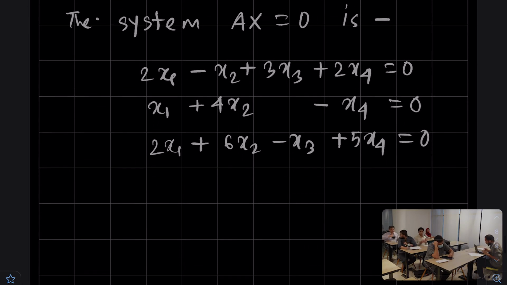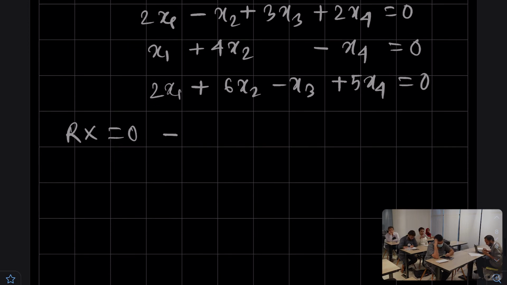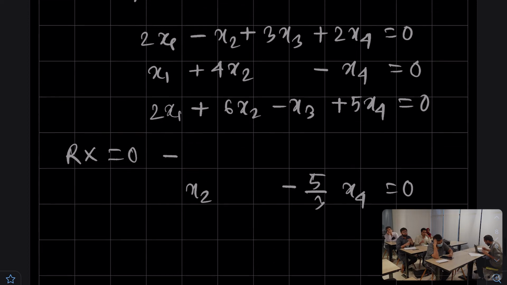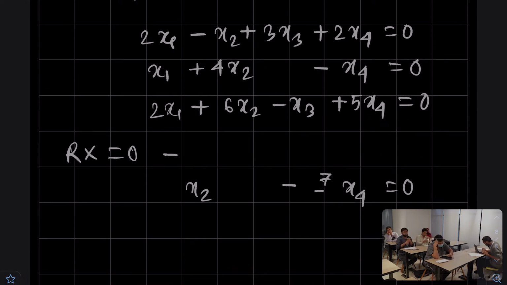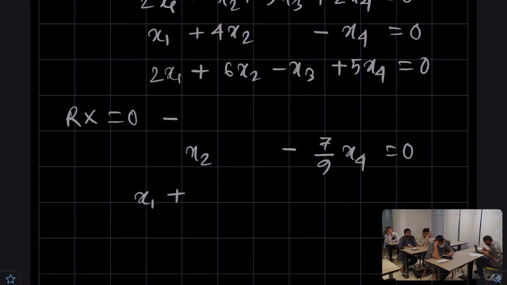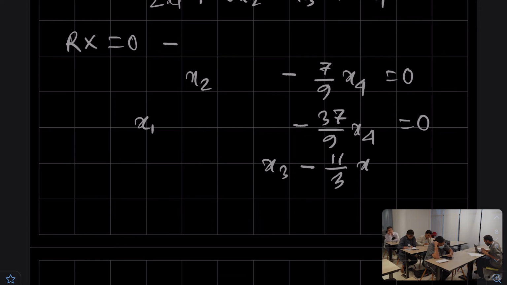And for the later matrix, RX equals 0 corresponds to the equations x2 plus 7/9 x4 equals 0, then x1 minus 37/9 x4 equals 0, then x3 plus 11/3 x4 equals 0. So these two systems have exactly the same solutions.